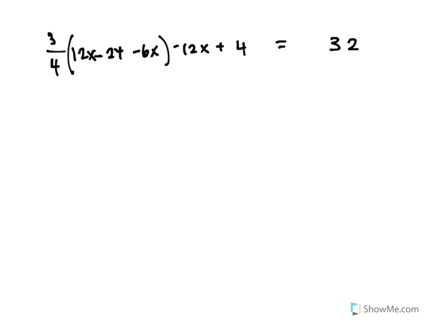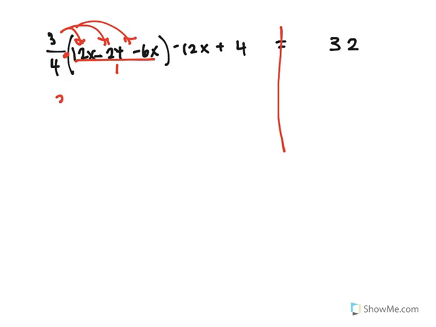So first, let's solve the equation. I draw the line. I get rid of the fraction here. Now the way I get rid of this fraction, I pretend that there's a 1 here, and then I multiply.